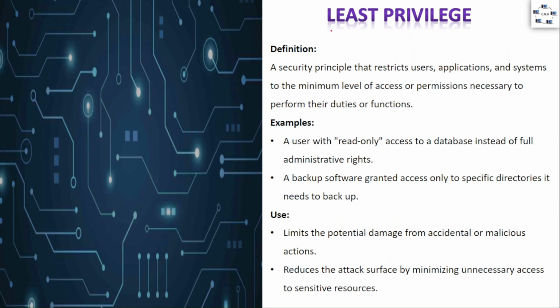So the next mitigation technique is least privilege, and it is a security principle that restricts users, applications, and systems to the minimum level of access or permissions necessary to perform their duties or functions. Examples include a user with read-only access to a database instead of full administrative rights, and a backup software granted access only to specific directories it needs to back up.